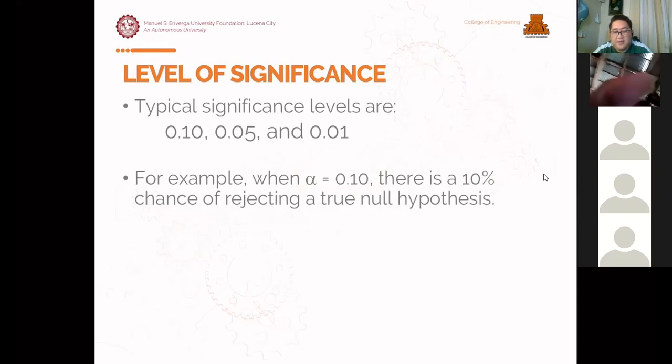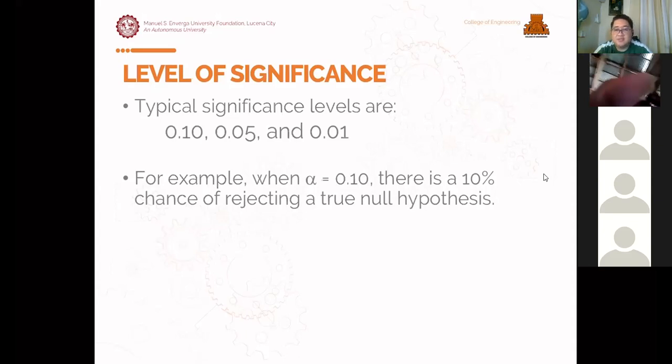Now, we will apply what we learned in the normal distribution in getting the critical value corresponding to this level of significance, no? So, again, our levels of significance are probabilities, no? Once we get the probability, using our z-table, we can get our z-score, no?